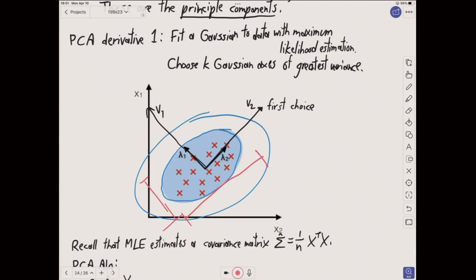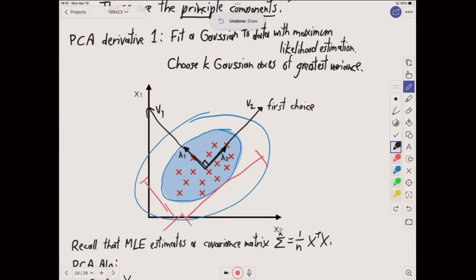And so one thing that naturally comes about from symmetric matrices is that the axes are going to be orthogonal to each other. So you kind of get that naturally for free. And so therefore, when I solve the first problem, I discover that v1 is the optimal choice. So that's my first choice.